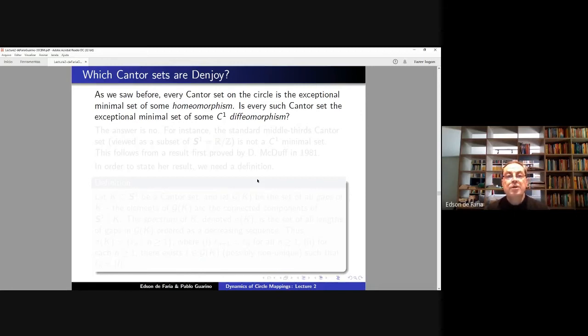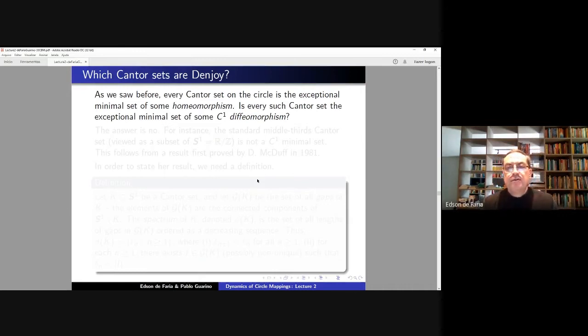This question is still, in some sense, open. A full classification of all Cantor sets that appear as exceptional minimal sets is not really known. And in fact, there are some negative results.